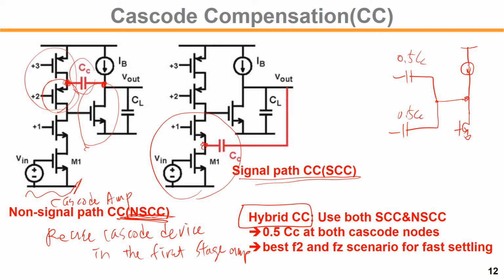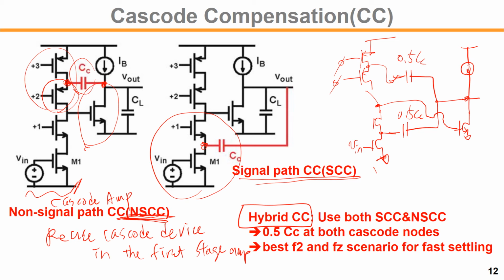So half of the capacitance is connected on the signal path, and the other half is connected through the non-signal path, like this.